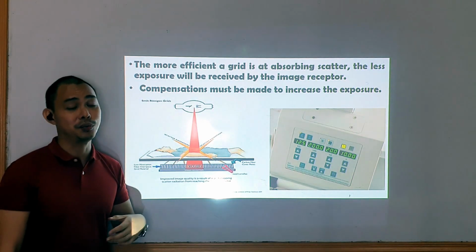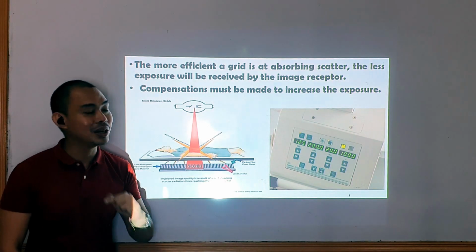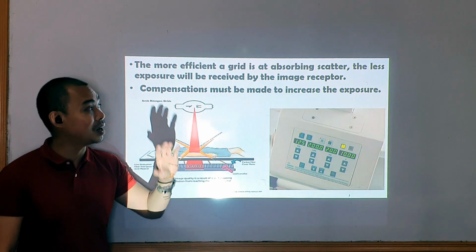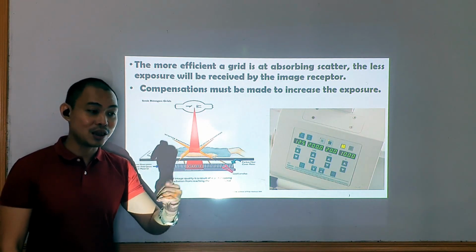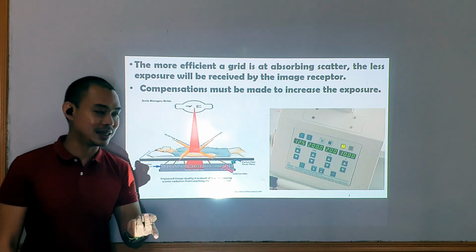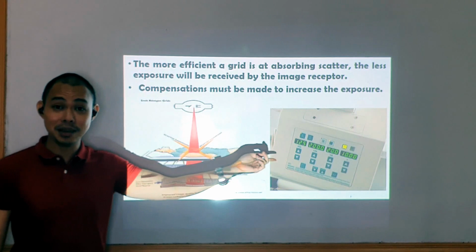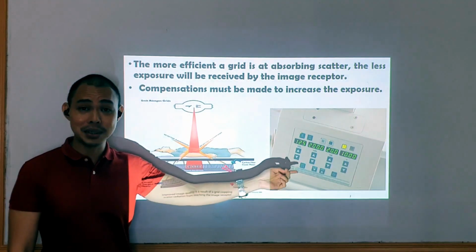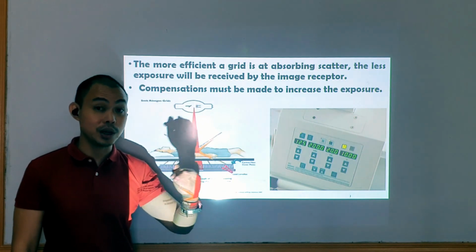That's why, guys, if we're going to use grids, compensations again must be made to increase the exposure that your image receptor needs. And what do you think is that? Do you think increasing the kVp will compensate for the decrease in the exposure of your image receptor?